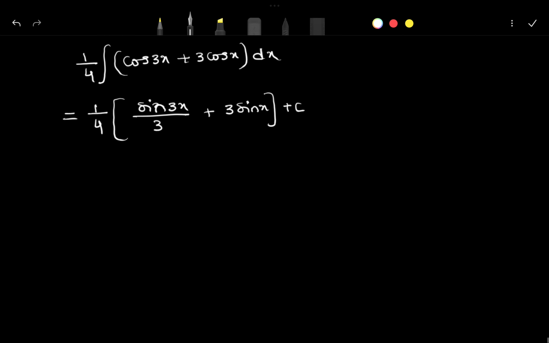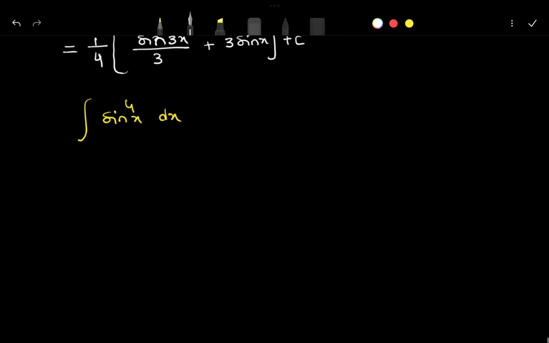And similarly, you see one more problem: integration of sin x whole to the power of 4. How can we remove that power 4? Here we can write this as the integration of sin square x whole square.